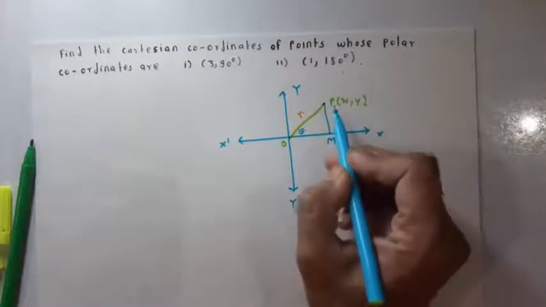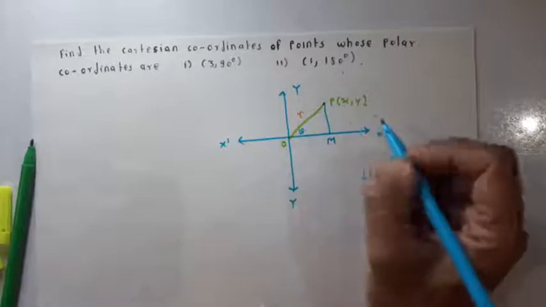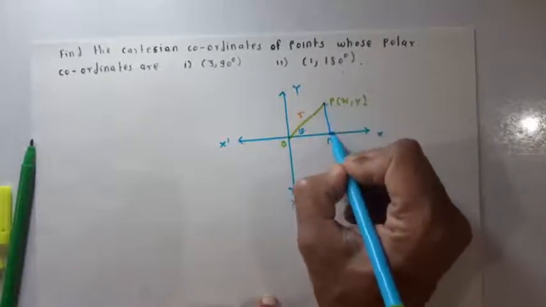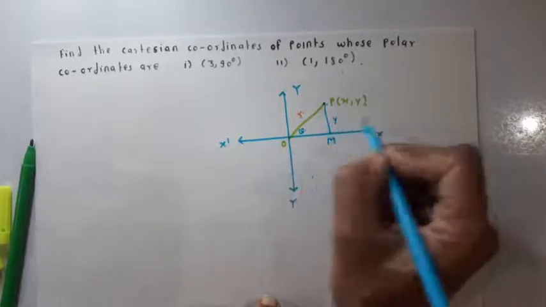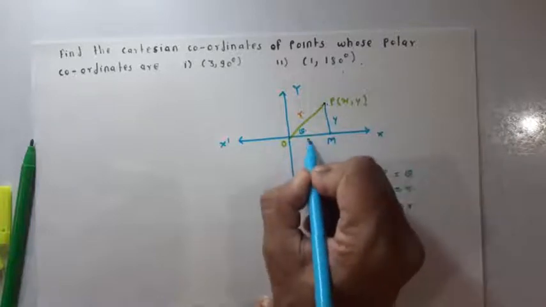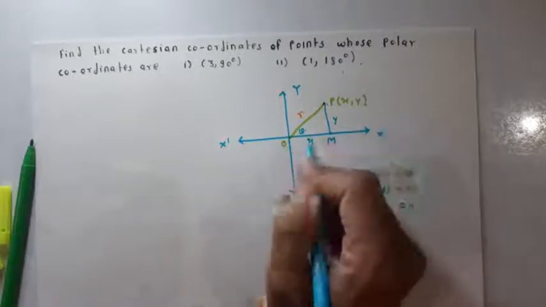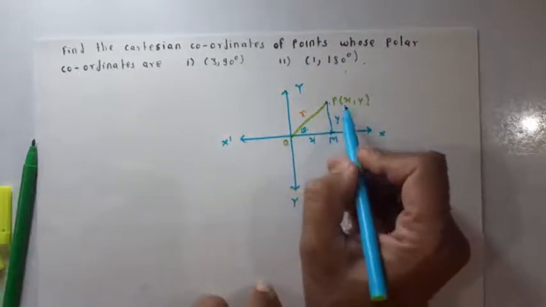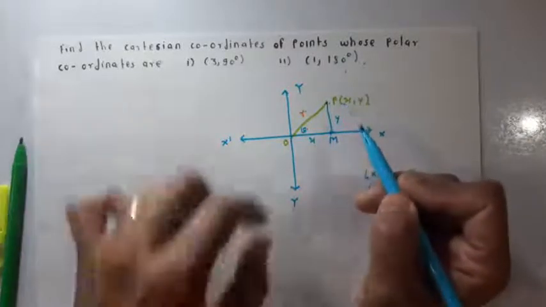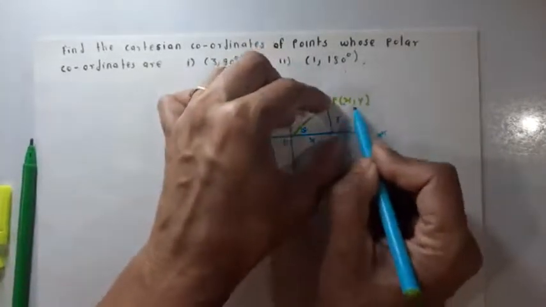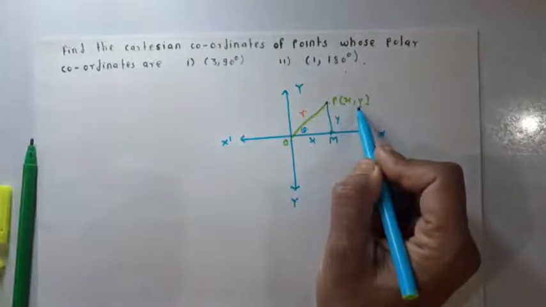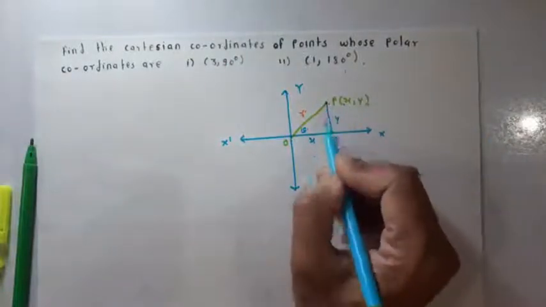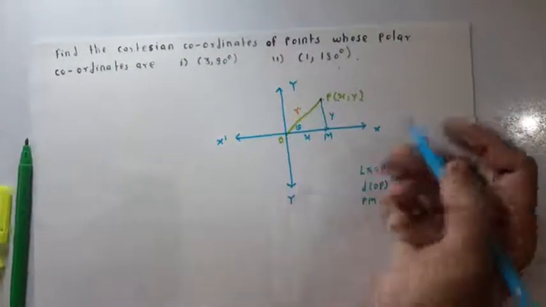As P(x, y) is any point, the distance PM is y and the distance OM is x.